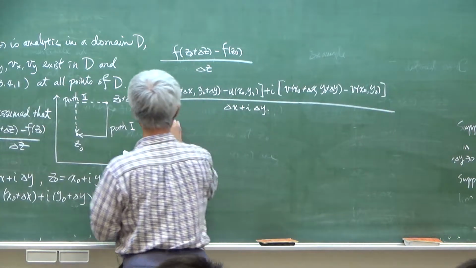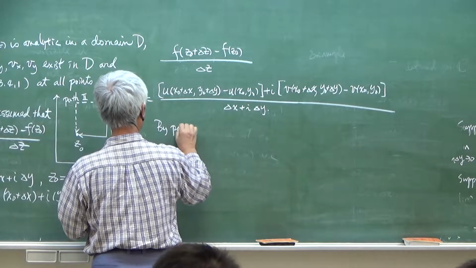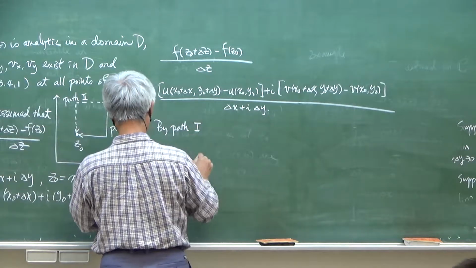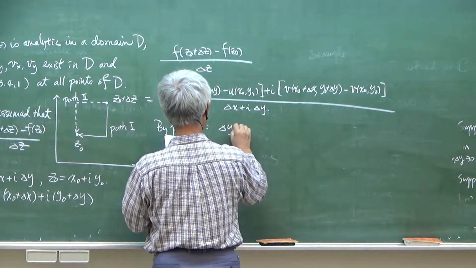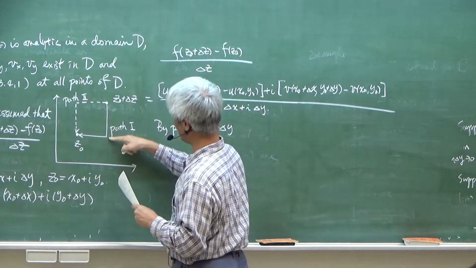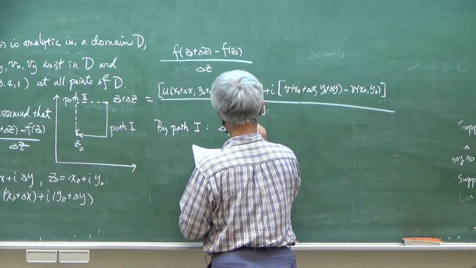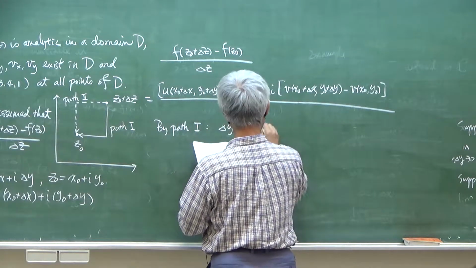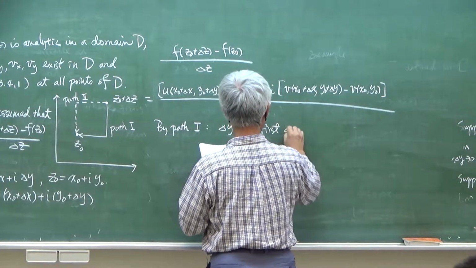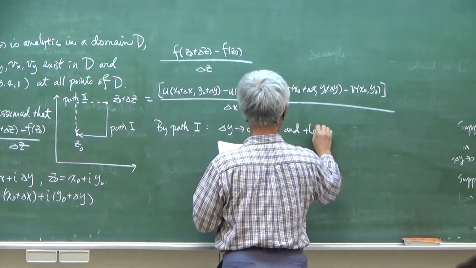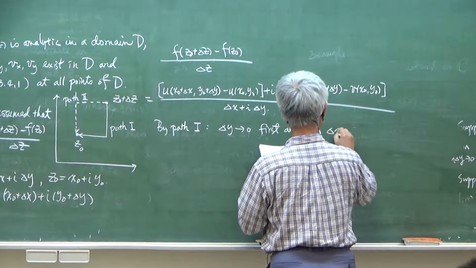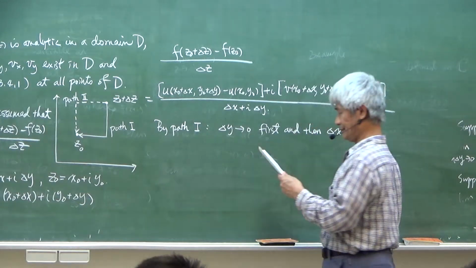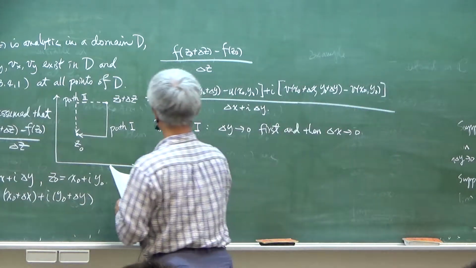Now, bypass 1. We let delta y go to 0 first, and then we let delta x go to 0 second.